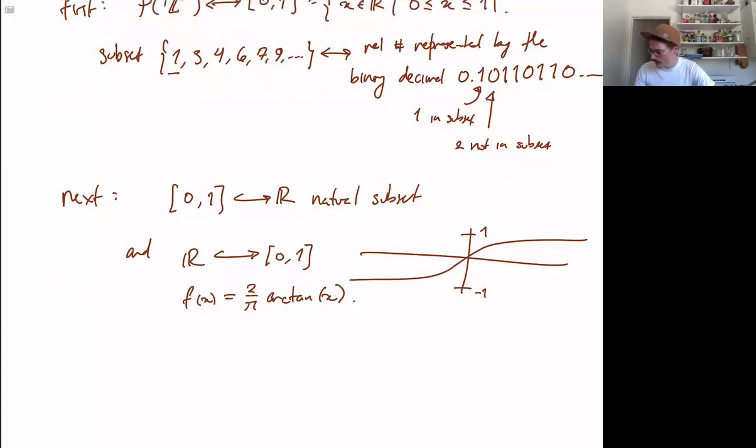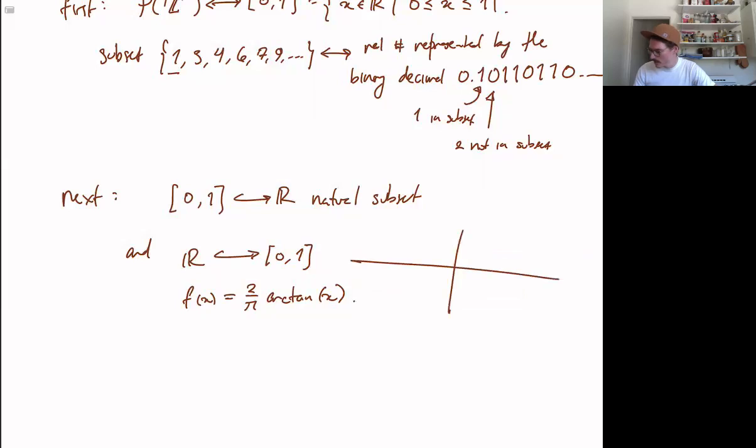Okay. So I'm realizing that I want 0 to 1 instead of -1 to 1. Oops, let's adjust this real fast. So what do I want? I want a function that looks like that. So instead of just taking this, I want to add 1 to shift it up, and then divide by 2 to shift it down.